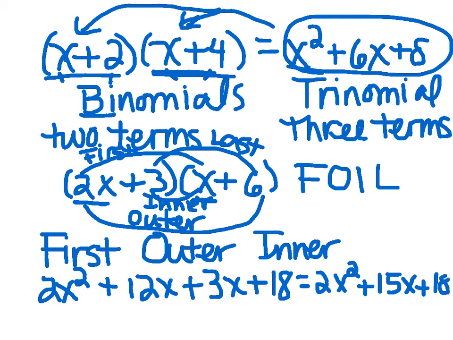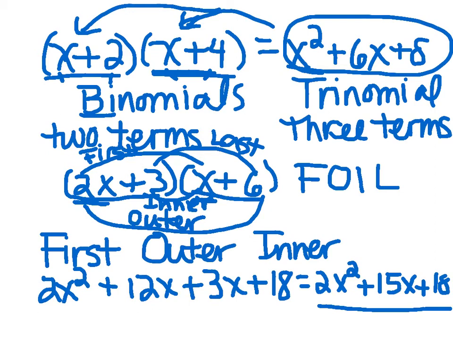What that tells me is that 2x plus 3 times x plus 6 equals 2x squared plus 15x plus 18. That makes 2x plus 3 and x plus 6 factors of 2x squared plus 15x plus 18.